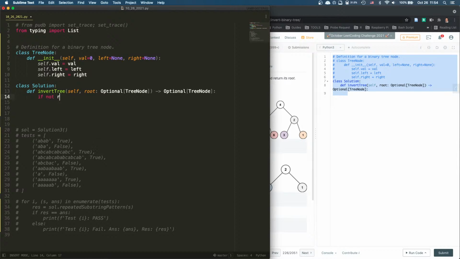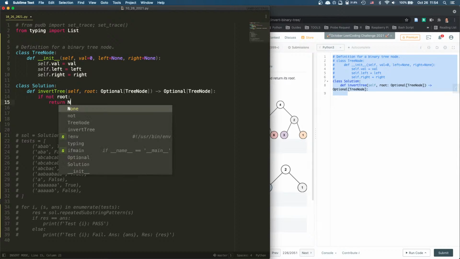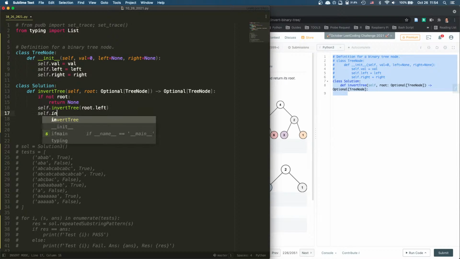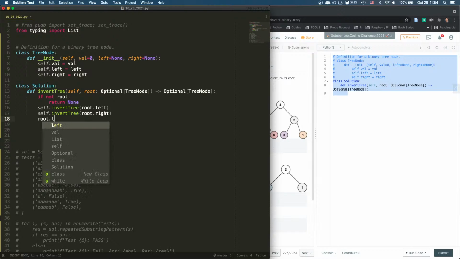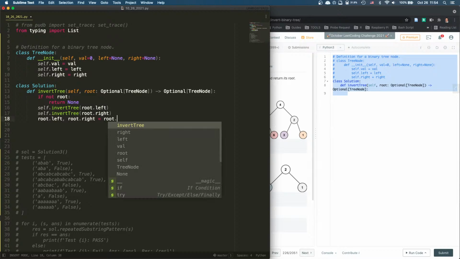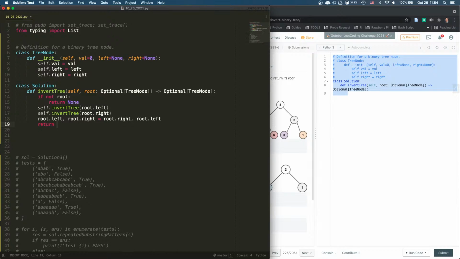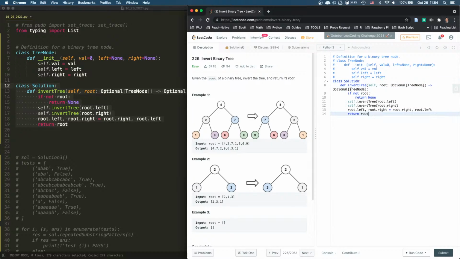If not root, return none, right? Otherwise, we're gonna say invert self.invert tree root.left, self.invert tree root.right, and then root.left root.right equals root.right root.left. Return root. Alright, let's try this. I think this suffices.